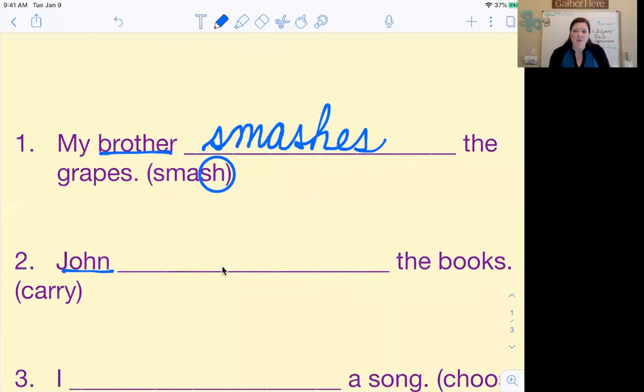We must back up one letter and see what kind of letter comes in front. What letter comes in front of the Y? An R. Is the R a vowel or is it a consonant? It's a consonant. Change the Y to an I and add ES. John carries the books.